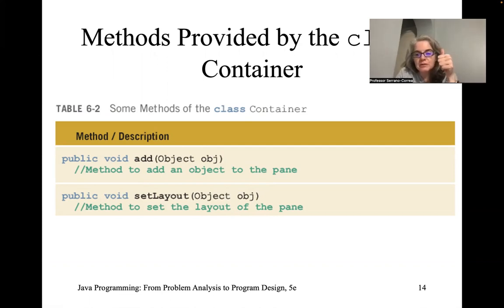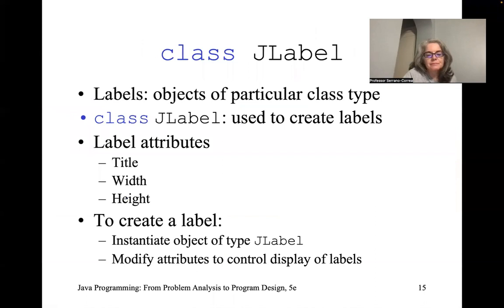Those are your objects: text boxes, labels, buttons. This is the method to set the layout of the pane, and we just saw that a second ago. The way that they did the layout, it was a new GridLayout, 4x1. We'll see what that looks like in just a second. So, class JLabel.